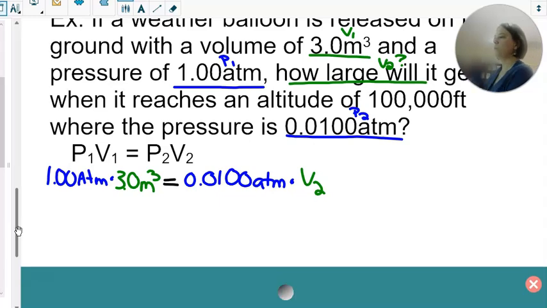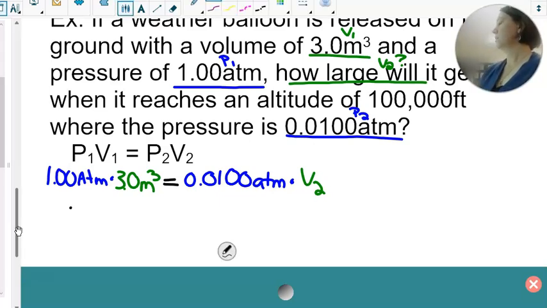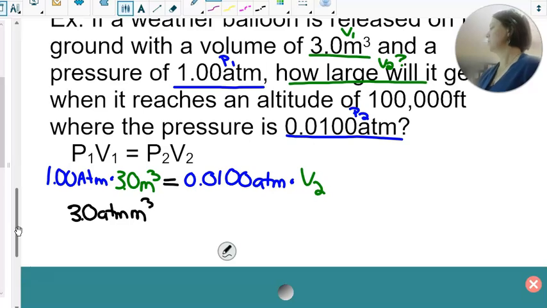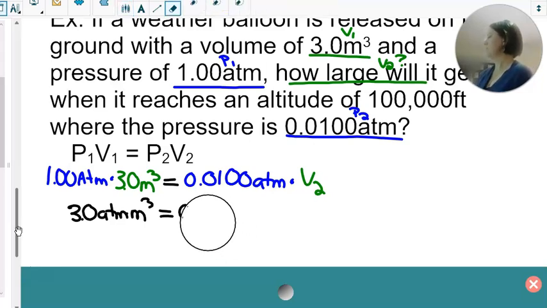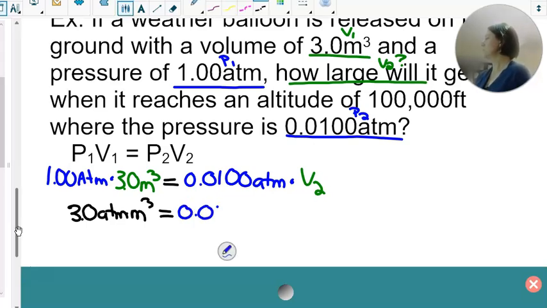Okay, so now what we're going to do is we multiply these two together. We get 3.0 atm times meters cubed equals 0.0100 atm times our V2.